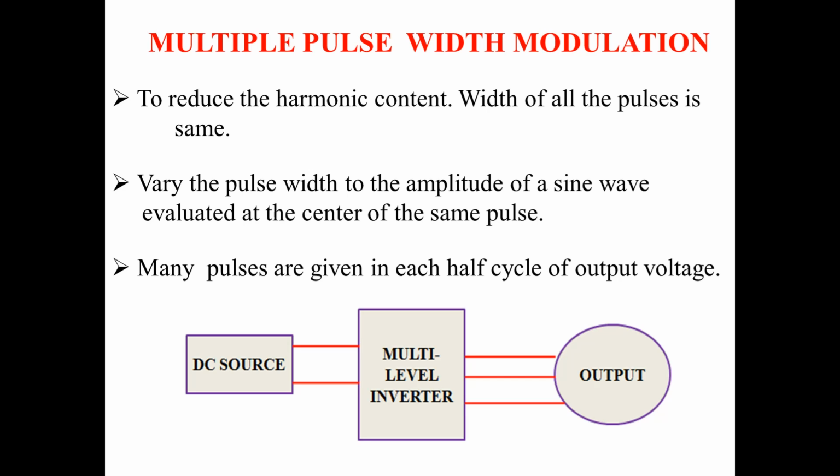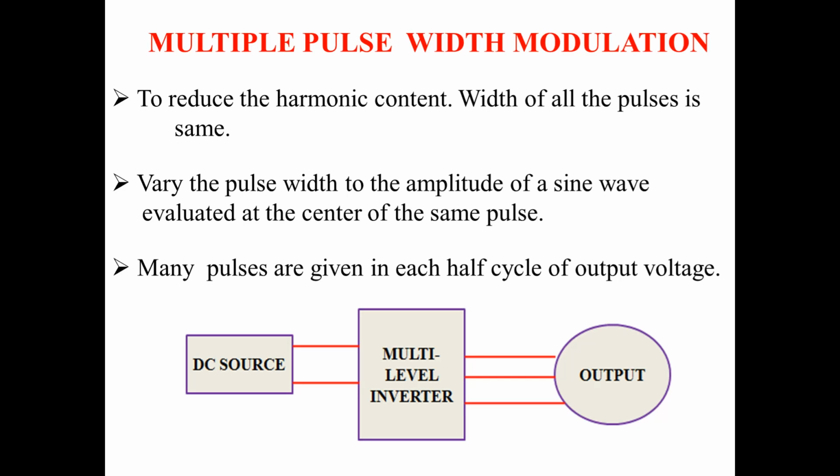This is the block diagram for MPWM, multiple pulse width modulation. The main characteristic is a constant amplitude, used to obtain inverter output control and reduce harmonic content.